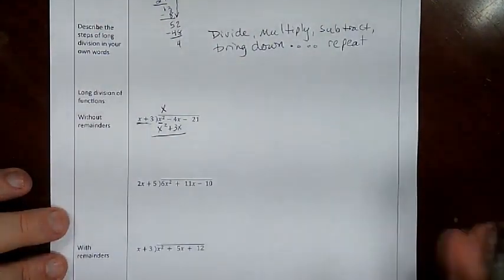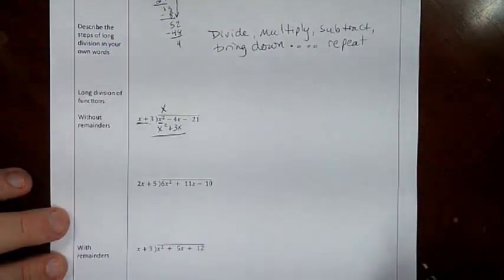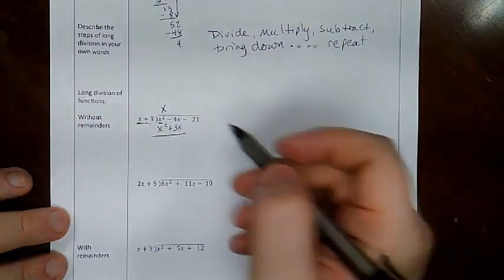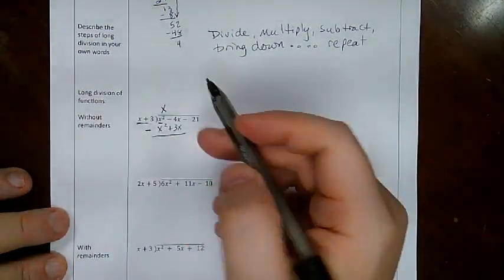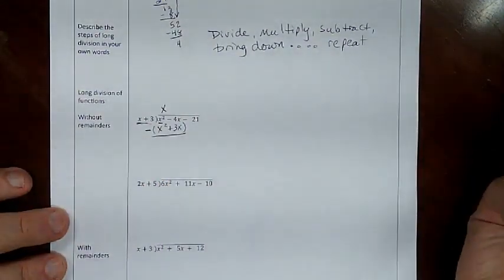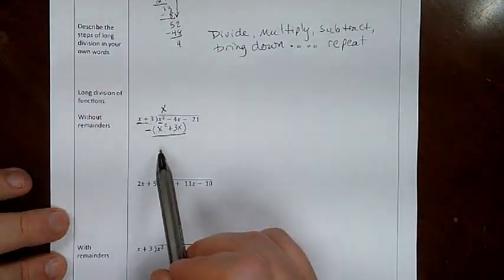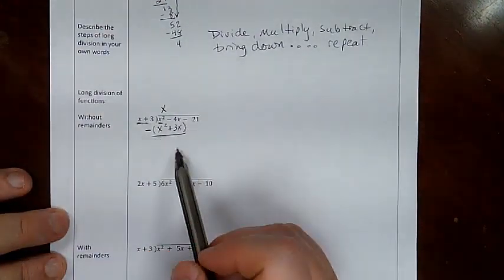And there are a couple different ways that people can do this. Me personally, I don't make any real alterations because I just know that it's subtraction. But understand that I'm not just subtracting x squared, I'm subtracting this entire expression of x squared plus 3x. So I might just know that it's subtraction and perform the subtraction.